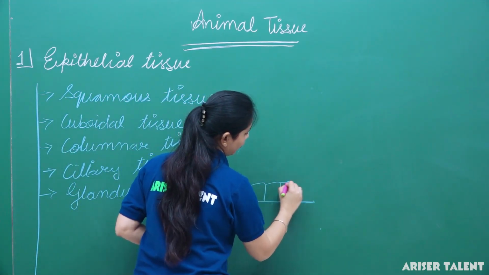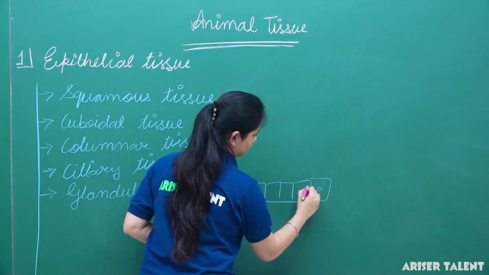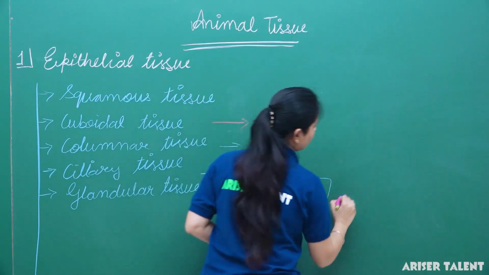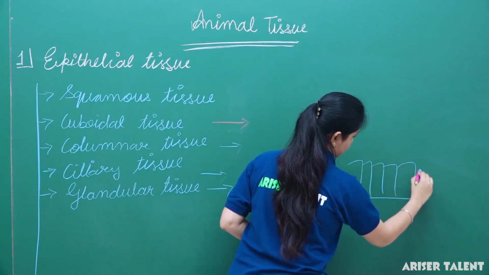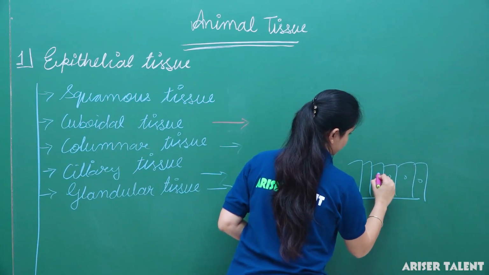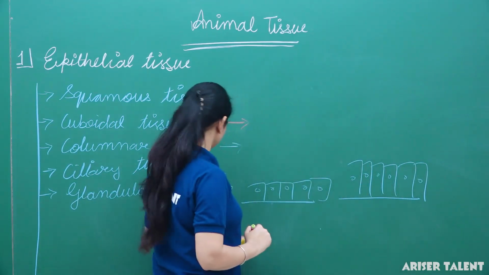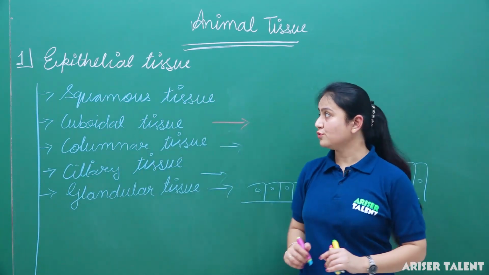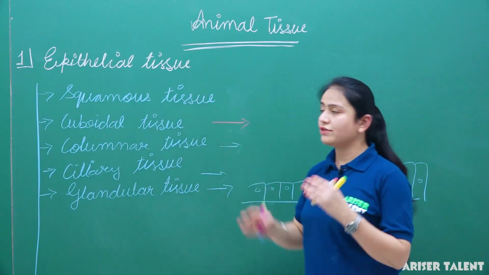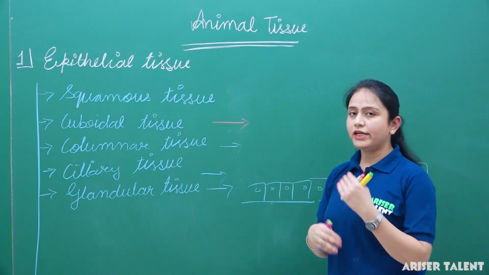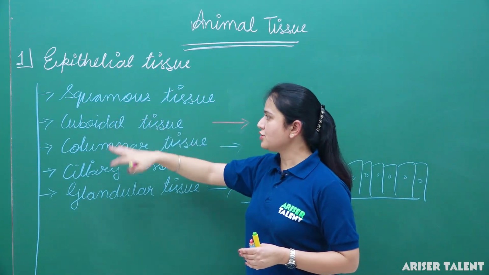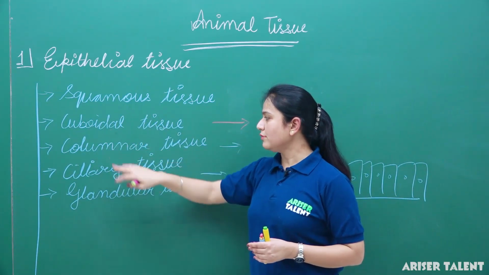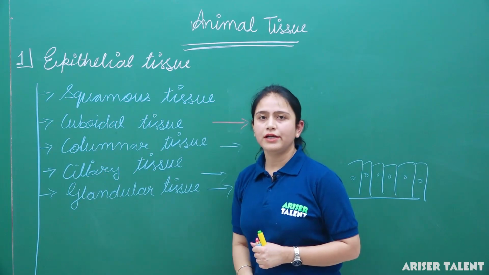They may be cuboidal or columnar cells. So, these are glandular tissues. The epithelial tissue, which gives protection to the different layers or different organs, is divided into 5 parts: squamous tissue, cuboidal tissue, columnar tissue, ciliary tissue and glandular tissue.